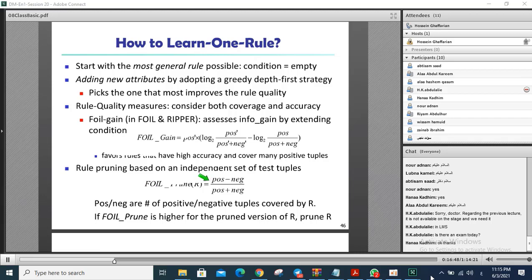However, if my test tuples are independent, to prune a rule, we can use a measure, FOIL prune. What is this? FOIL prune of rule R is equal to positive minus negative divided by positive plus negative.